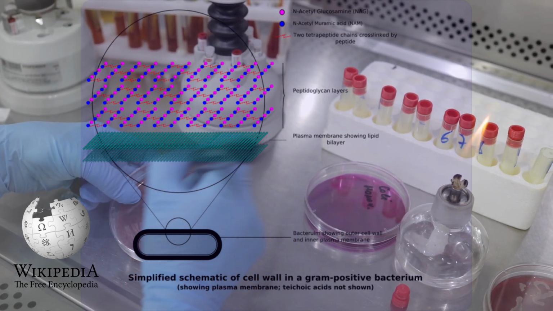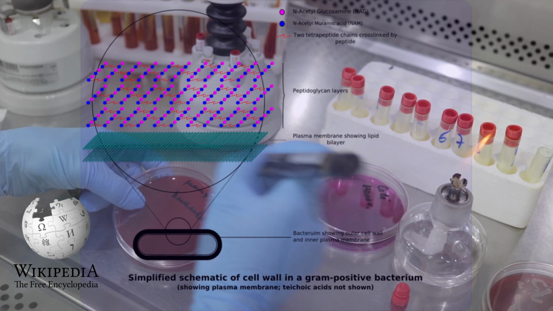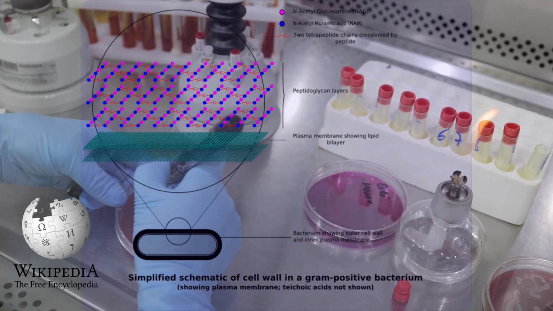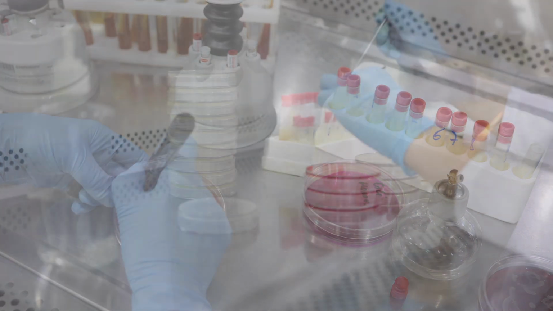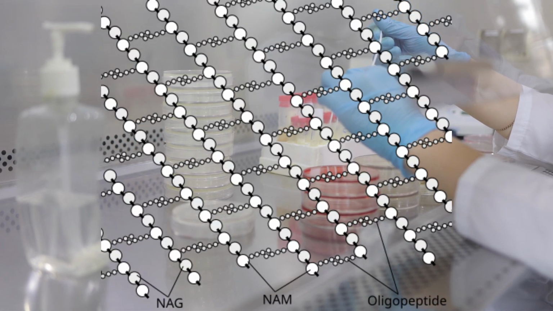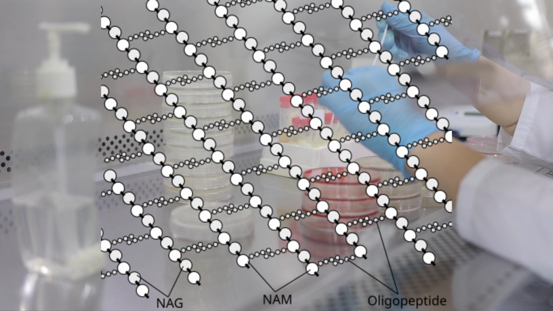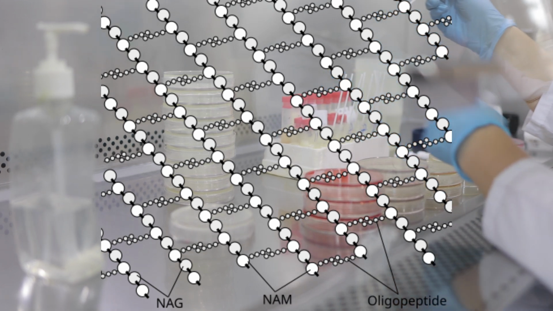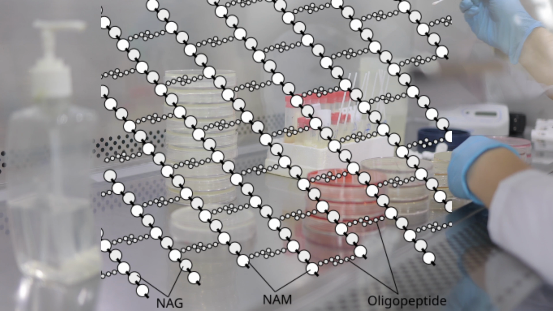Part of that strength is also in counteracting the osmotic pressure within both the cytoplasm and the extracellular fluid's osmotic pressure. The peptide chain in more detail is going to link itself from the top to the bottom peptidoglycan, or at least more accurately, the polysaccharide chain that makes up the peptidoglycan.